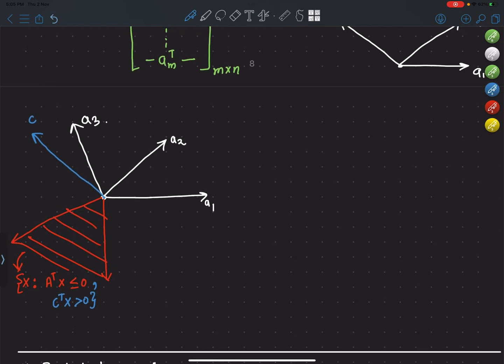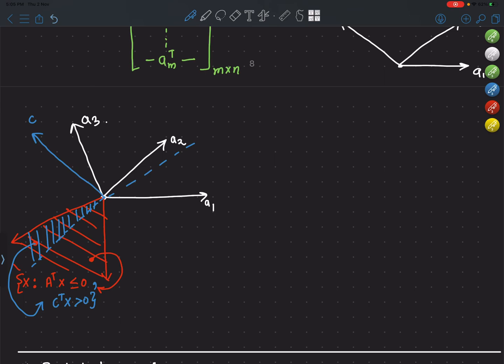It represents everything in this area, correct? So actually the intersection of these two will be this. This is the area which represents the first condition.